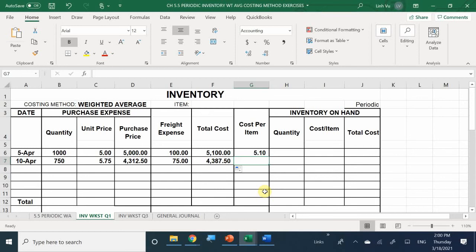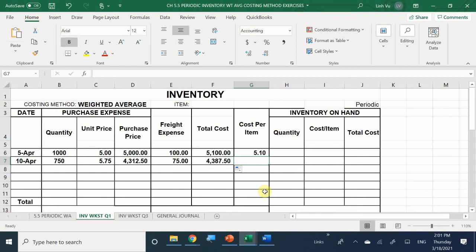It's going to be that first batch, the 5,100 divided by my 1,000 items. That one is always standard and always comes first, because that's the only batch you have. But now that I'm making more purchases of inventory, I am not obligated to calculate or enter another formula, because at the end of the day, it doesn't matter what my cost per item is.